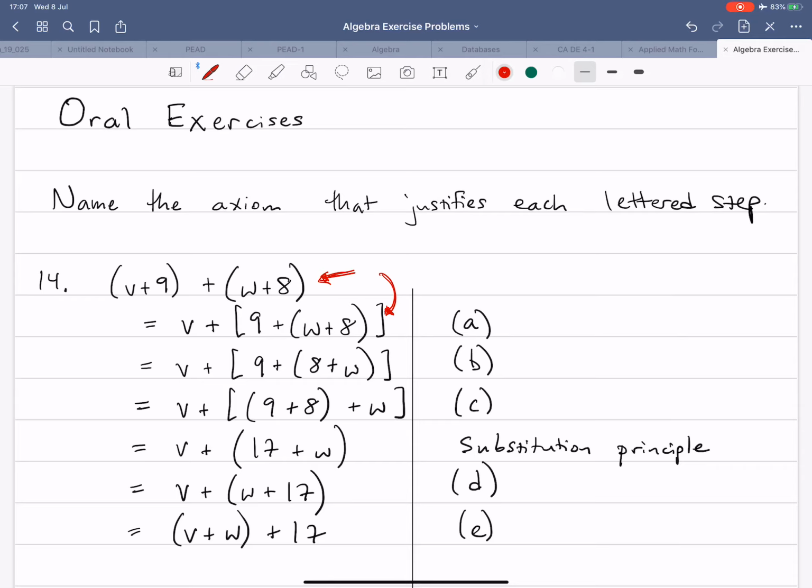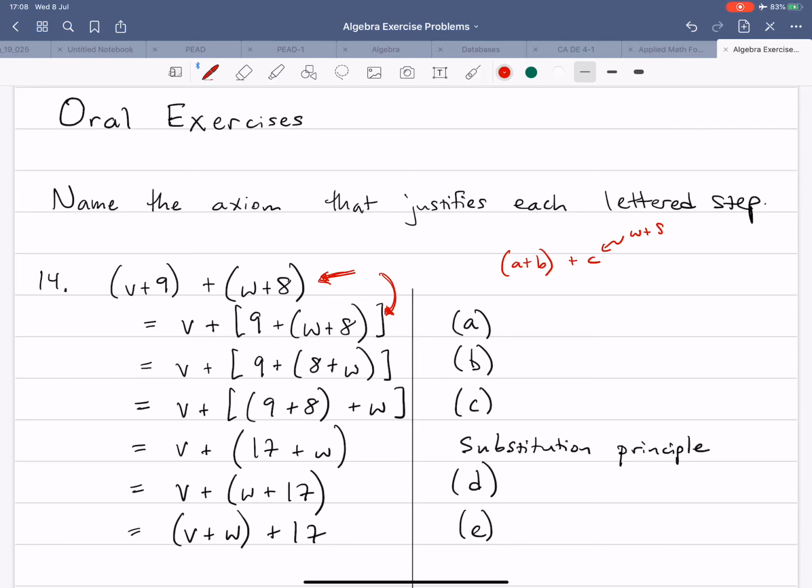So, you could think about this as v plus 9 is kind of like a plus b, and then w plus 8 is kind of like c, right?